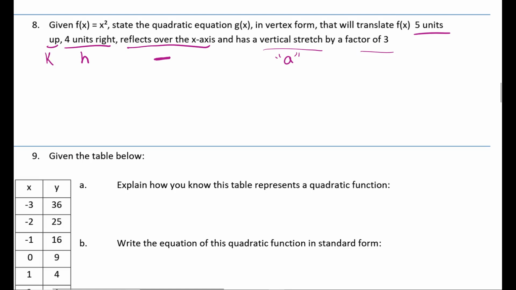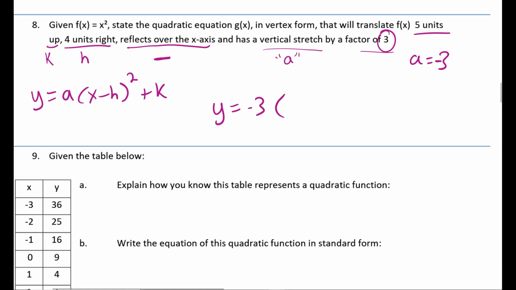So if I think about the formula for vertex form again, all I need are those 3 pieces there. Well, it tells me the vertical stretch has to be a factor of 3, so I know a equals 3, but they tell me it has to reflect over the x-axis, so a is actually negative 3.